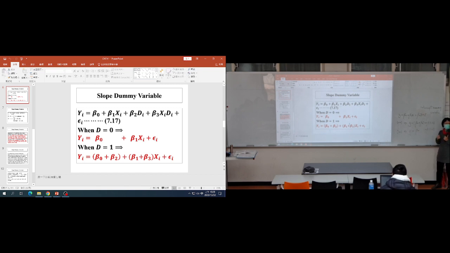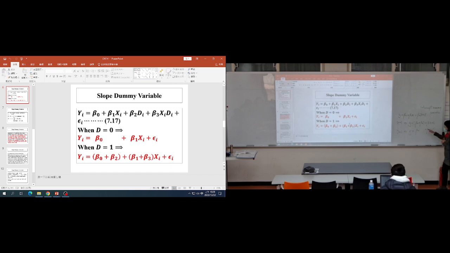When working experience increases by 1 year, it doesn't affect men and women differently. As long as we increase by 1 year's working experience, the salary increases by beta 1 measurement units. So there's no difference between men and women.